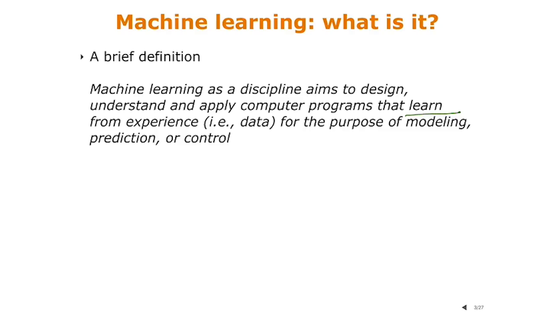You can try to predict, say, future outcomes, or try to control towards a desired output configuration. We will start by focusing on prediction as a core machine learning task. So let's take a few examples to understand what this actually is.